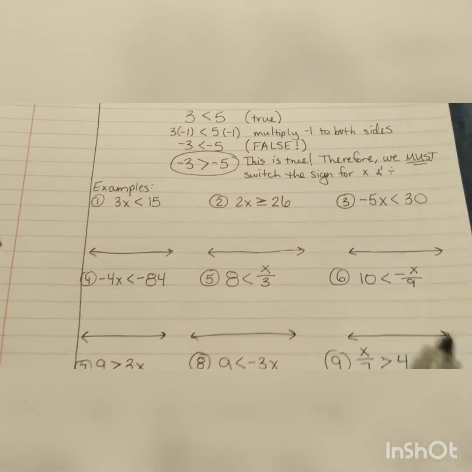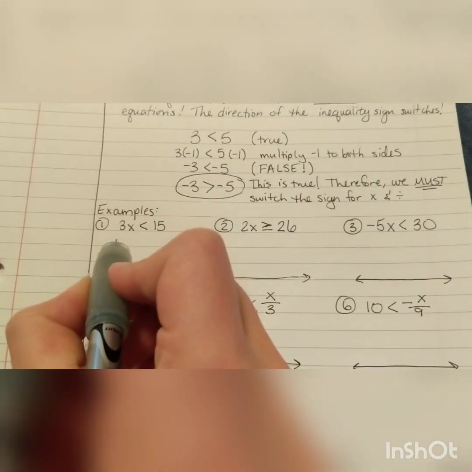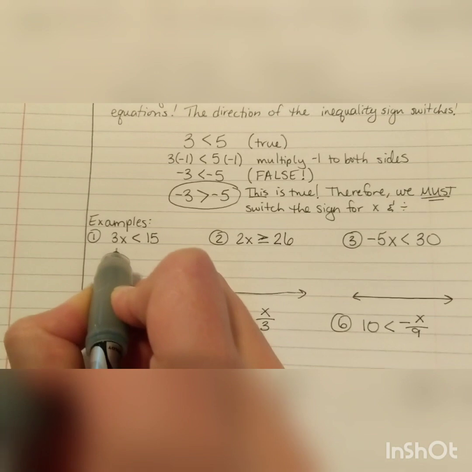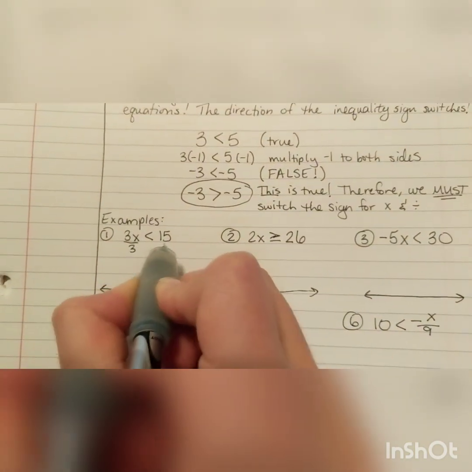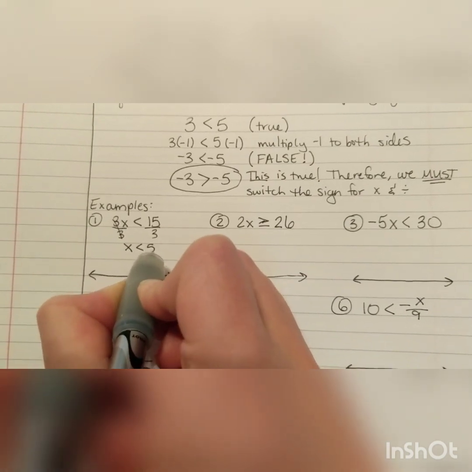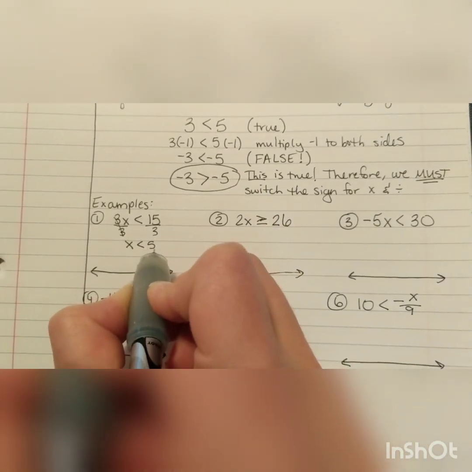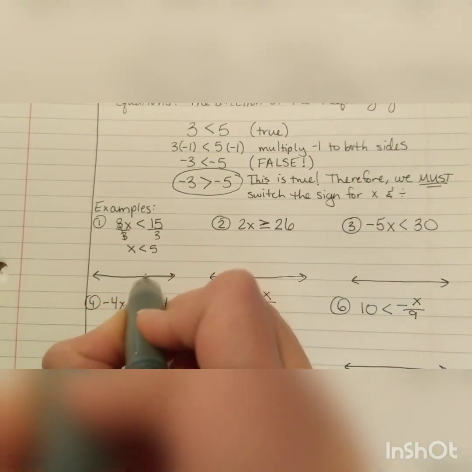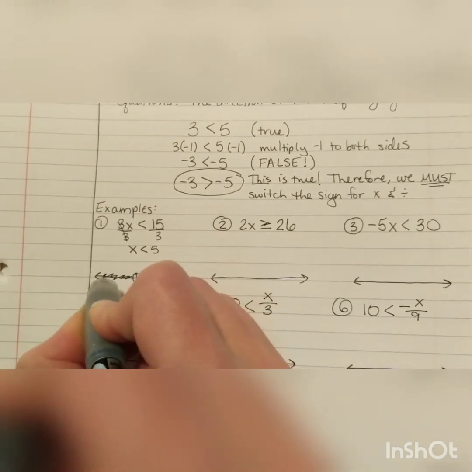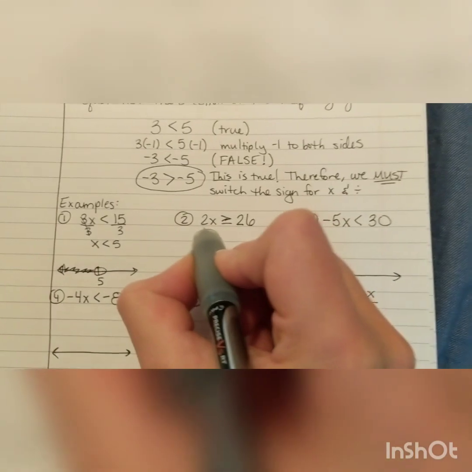So I identify that I have multiplication right here, so I'm going to divide 3 on both sides. I do not flip my sign because I did not divide by a negative. So I'm going to have an open circle at 5 pointing to the left.